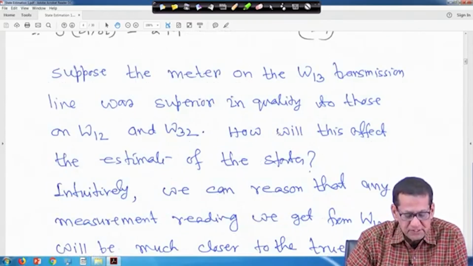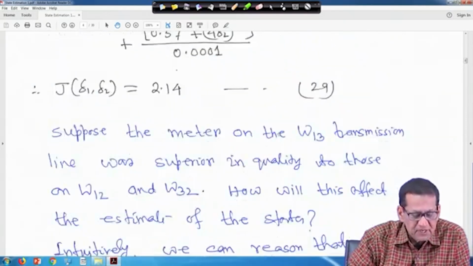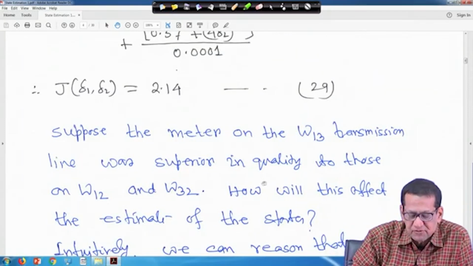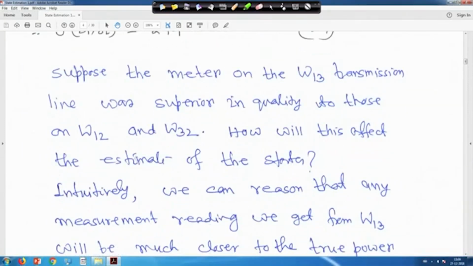Now the question is: suppose the meter on the W13 transmission line was superior in quality to those on W12 and W32. How will this affect the estimate of the states?